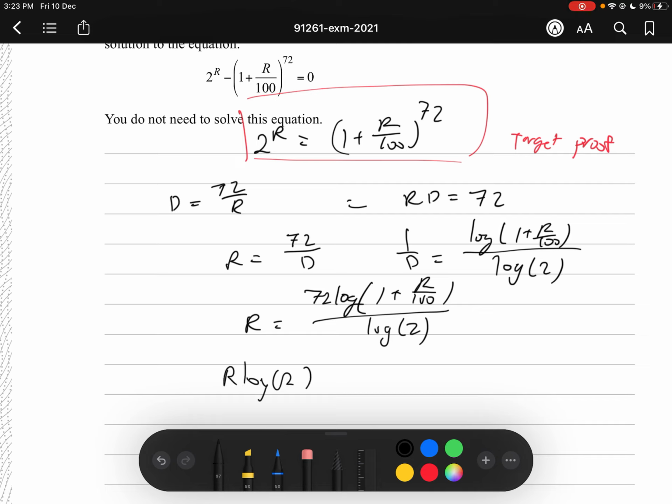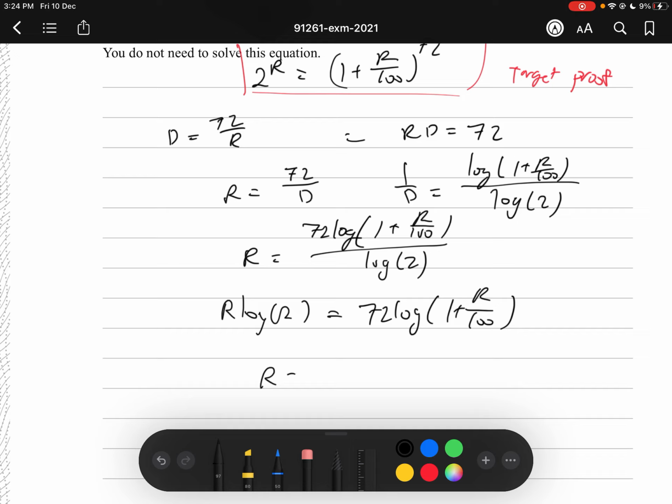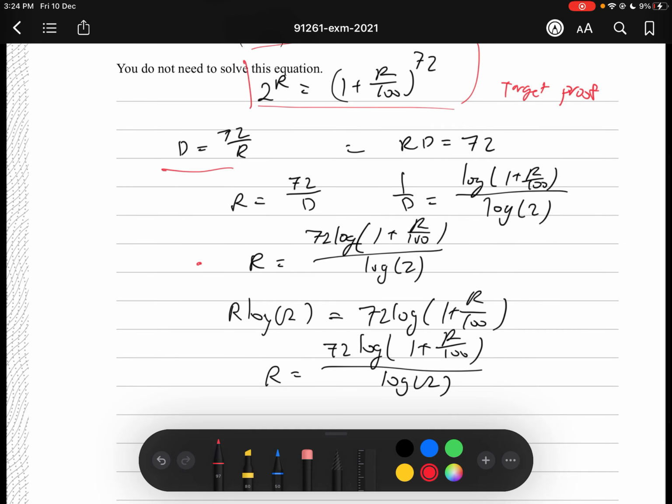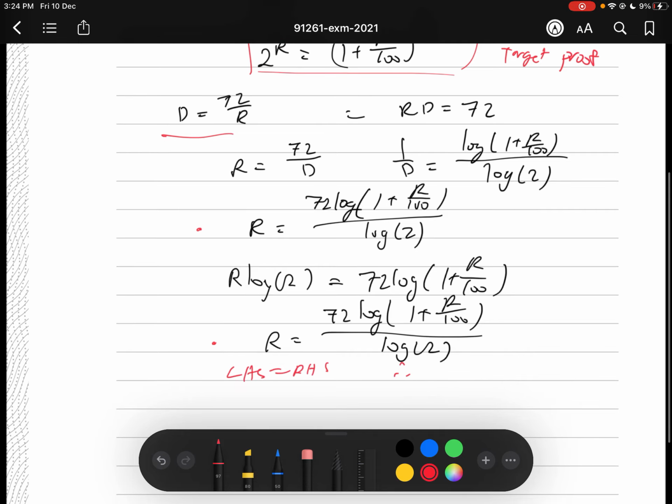Remember, the power becomes the coefficient, and we take the log of the base, and that's equal to 72 log of 1 plus R over 100. So simply we can see that R is equal to 72 log of 1 plus R over 100 all over log 2. And you see here, this is what we got from our D equals 72 over R, and this is our target expression. So we say left-hand side equals right-hand side, and therefore we have proved it.